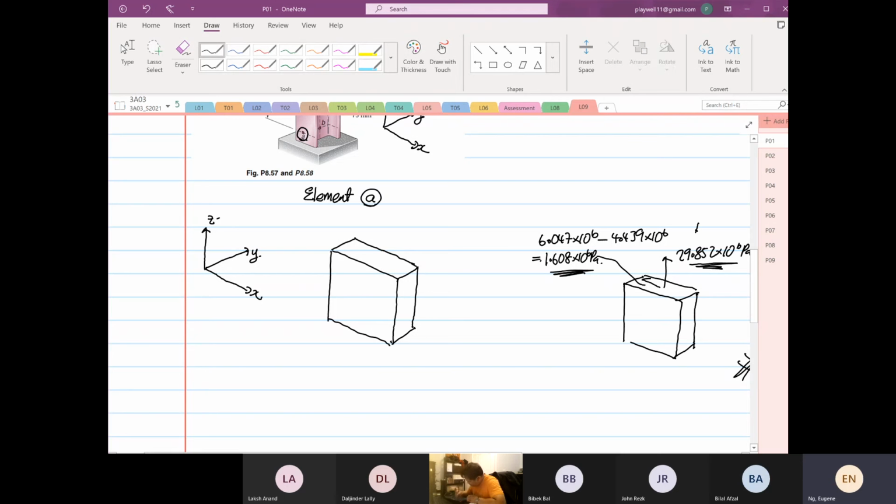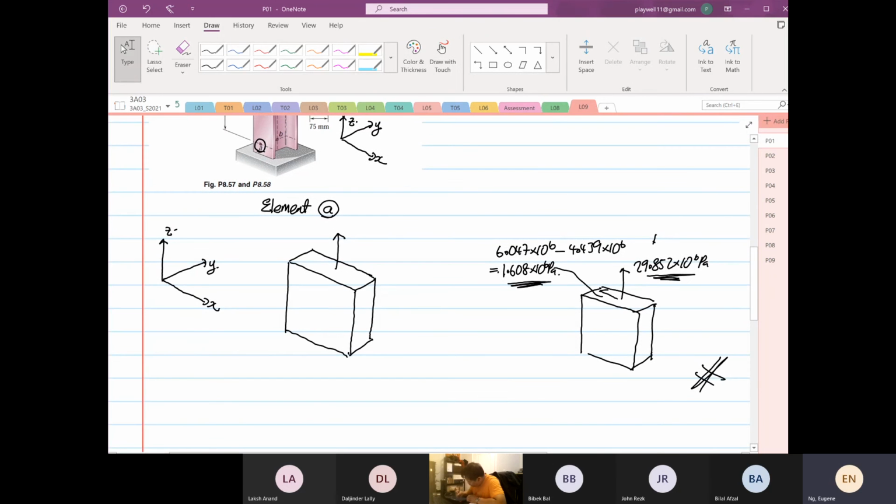We have a tensile stress of 29.852 times 10 to the power 6 Pascal, and then we have a negative shear configuration. Don't worry about positive or negative shear for now.